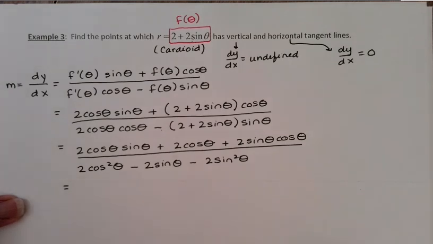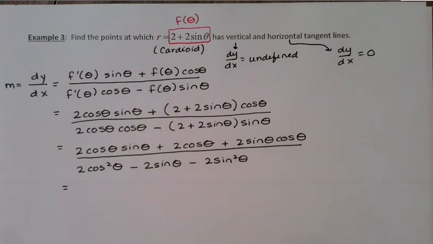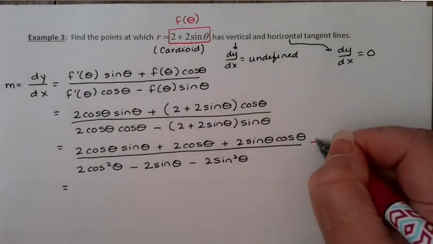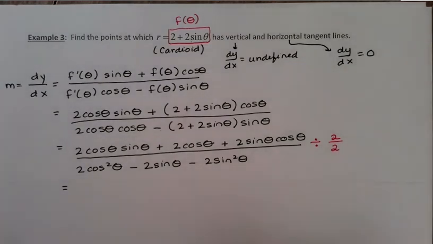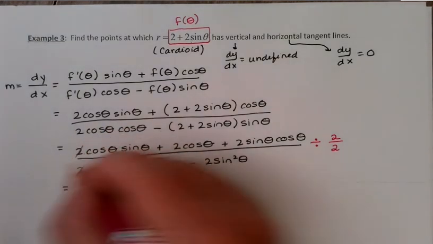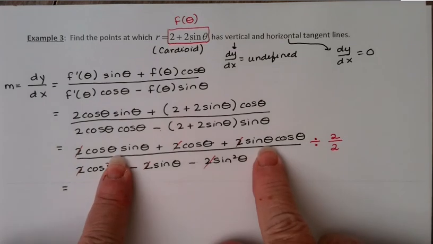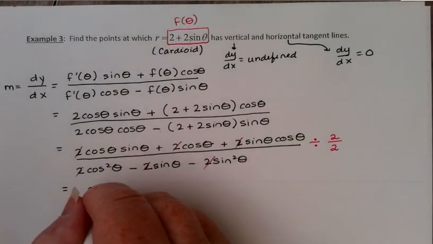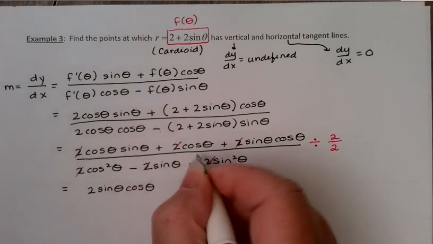So on top, I'm noticing everything's got a 2 as a coefficient. Let's get rid of that. Let's divide by 2 over 2. Keep things as small as we can. Once all those 2's are gone, I'm going to have sine theta cos theta plus sine theta cos theta. So combining those will give me a 2 sine theta cos theta, plus cos theta.